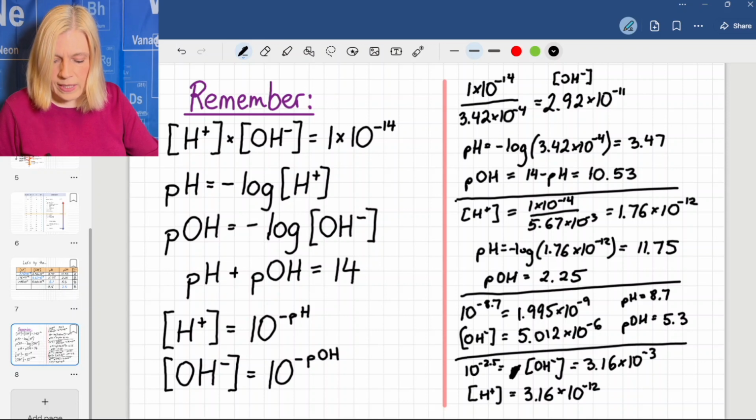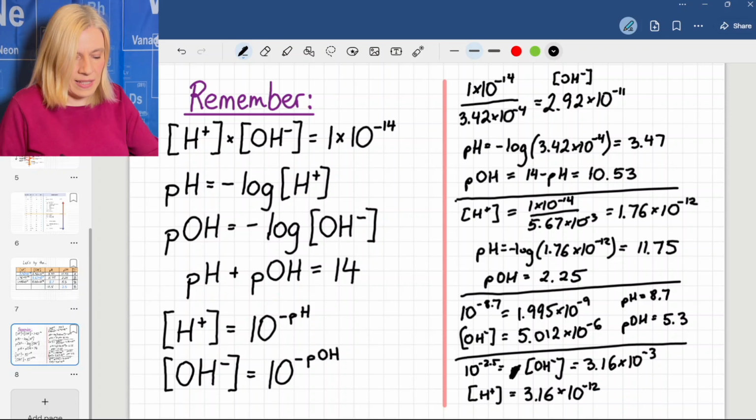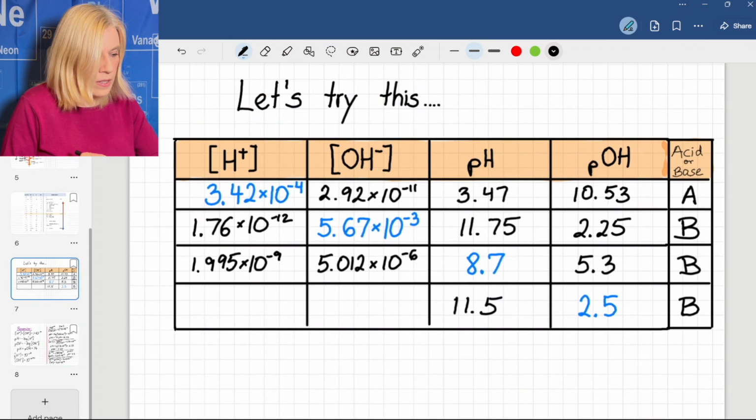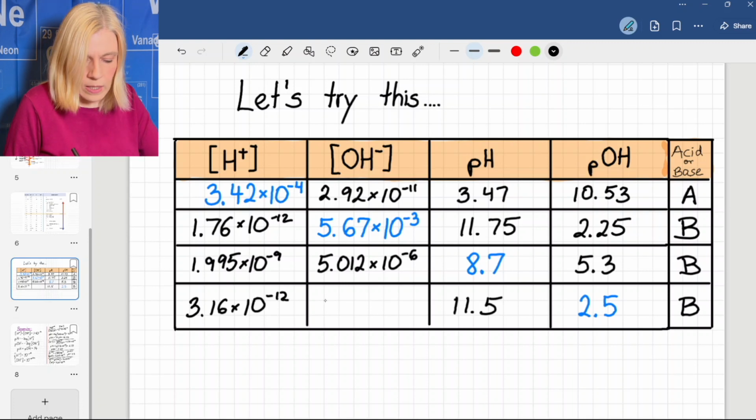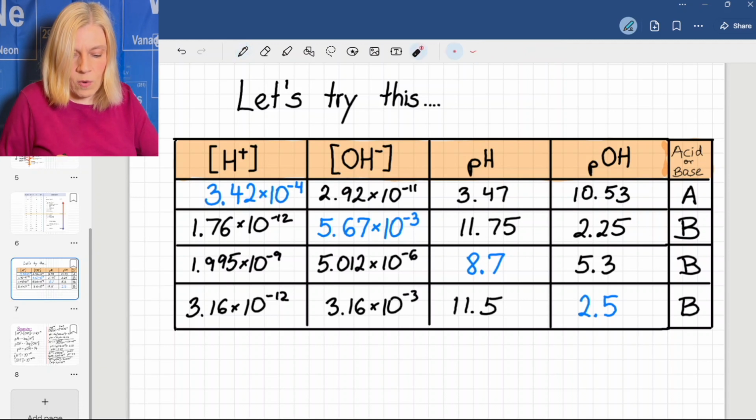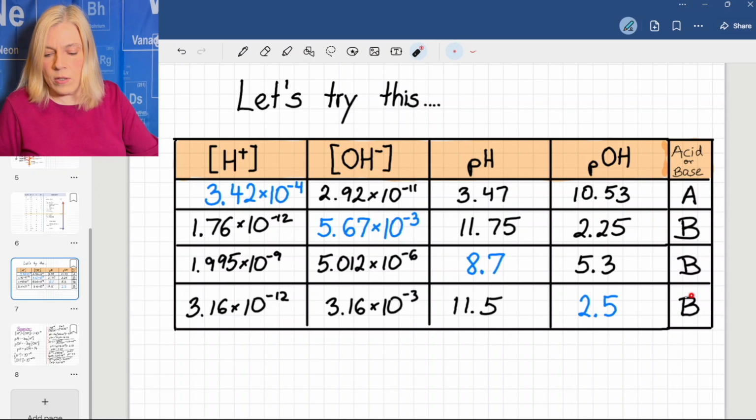Wow, it's a coincidence, but let's fill it in. So here I'm going to have 3.16 times 10 to the negative 12. Here I'm going to have 3.16 times 10 to the negative 3. And I can see that my hydroxide concentration is more than my hydronium H plus concentration. So it's also a base.